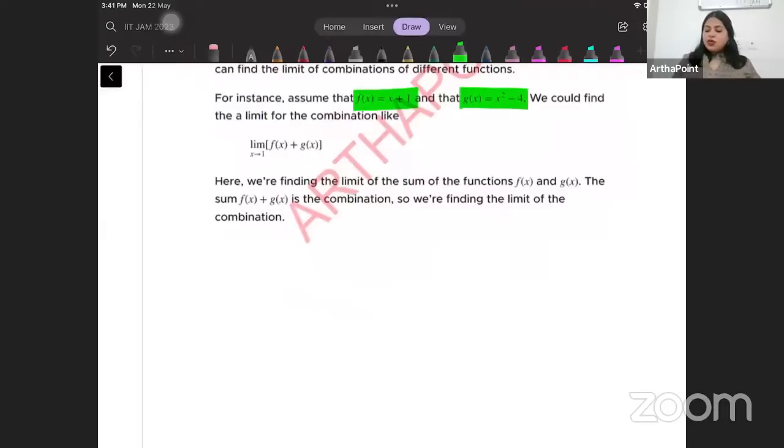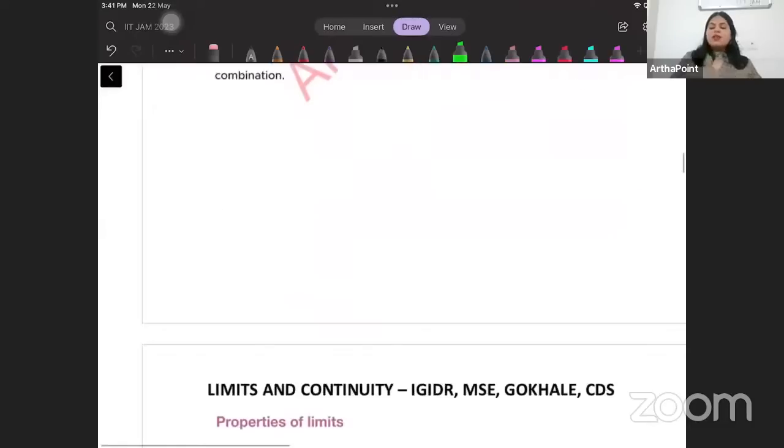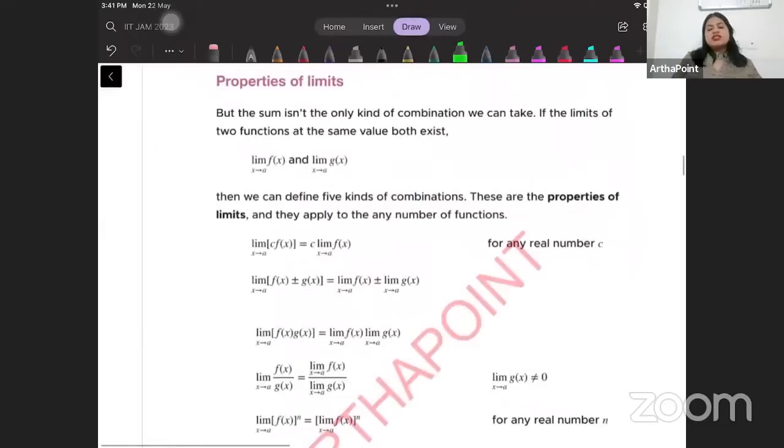Now, what you can do is study the properties of limits here. So the first thing I want to do here is this. f(x) goes to limit x tends to a, and g(x) also goes to limit x tends to a.